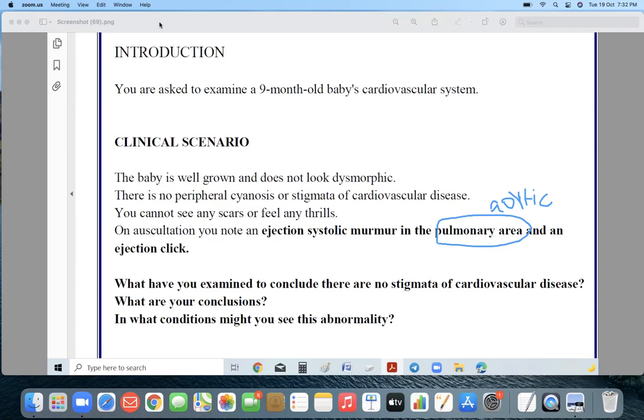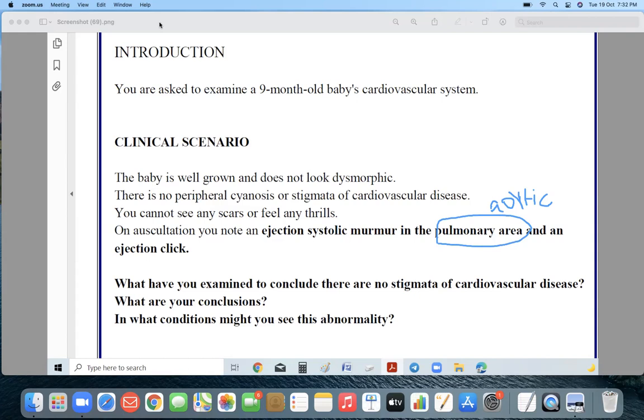In VSD, even if it is a big VSD in a 9-month-old, the apex will not be displaced too much. If there is reversal, the child will be cyanosed. That's why this was confusing me actually.